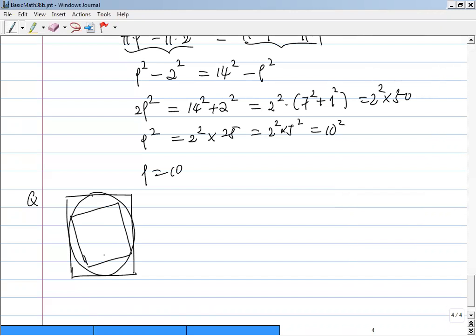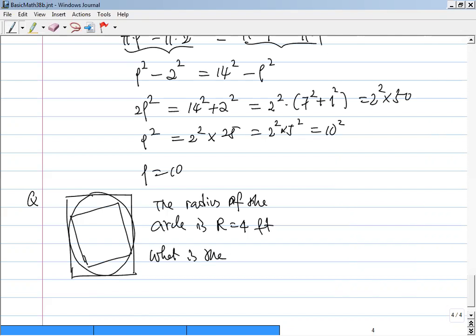So the radius of the circle is equal to 4 feet. My question is, what is the absolute difference?